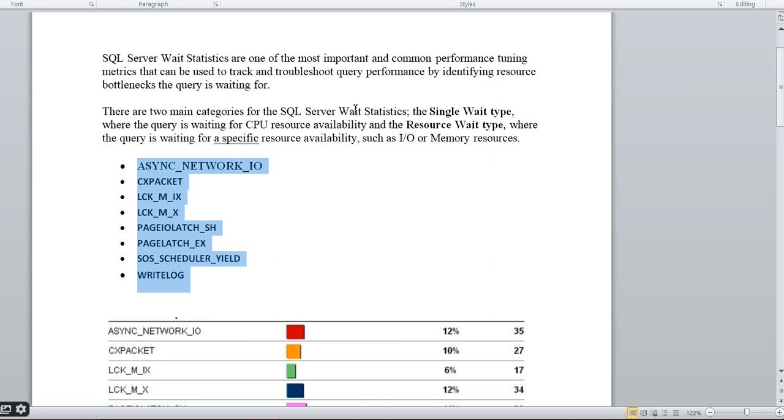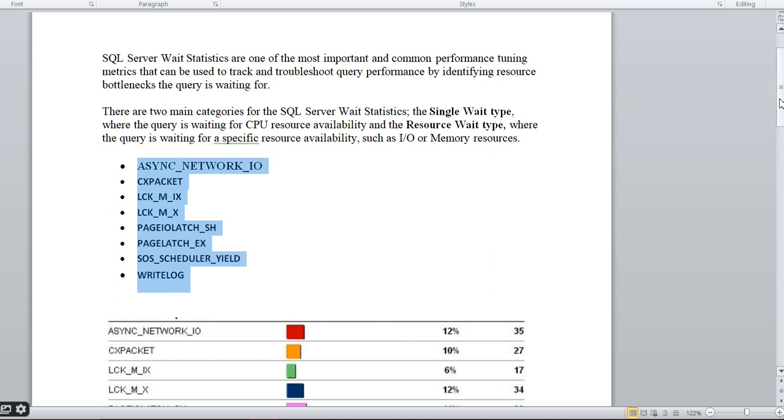You need to know these wait types very well: ASYNC_NETWORK_IO, CXPACKET, LCK_M_IX, LCK_M_X, PAGEIOLATCH, PAGELATCH, SOS_SCHEDULER_YIELD, and WRITELOG. These wait types are very dangerous.